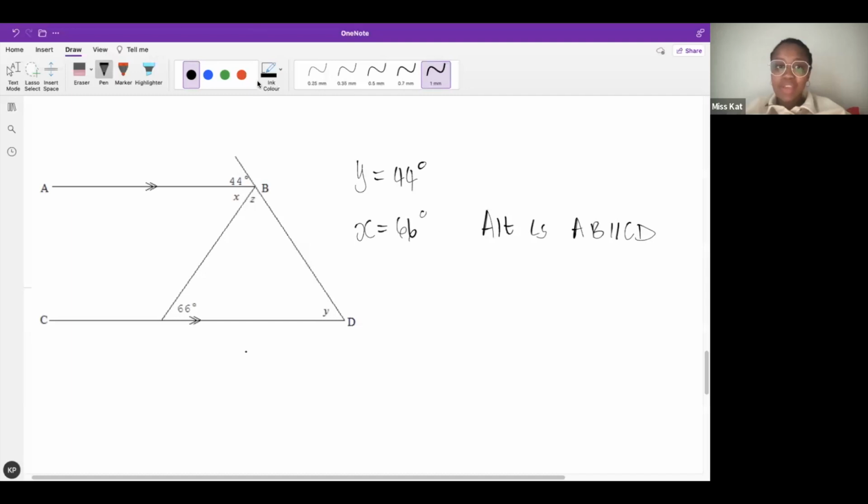Okay, but what type of angles are they? Check in the chat, they're helping you. Corresponding. There we go. So these are corresponding angles. And as you said, AB is parallel to CD. Now we're left with Z, guys.